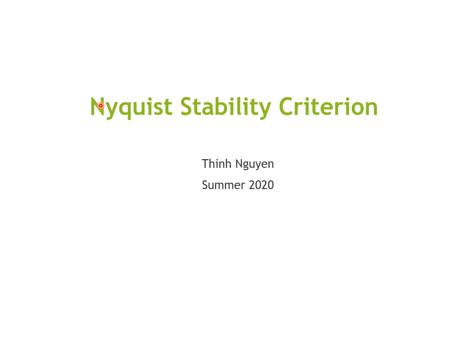However, we haven't developed a mathematical way to easily determine if the system is stable or not. So the Nyquist stability criterion is one of the methods that you can easily implement and understand the degree of stability of your system.